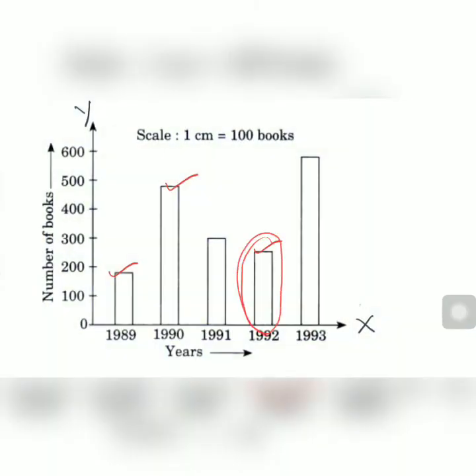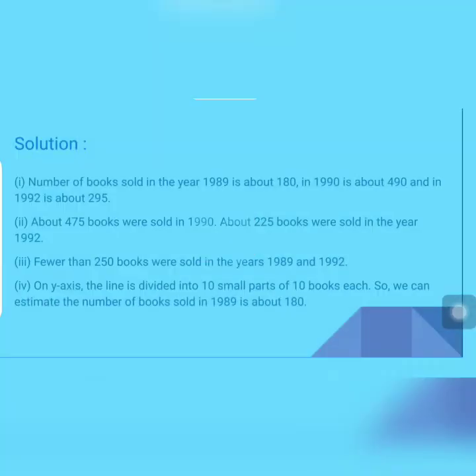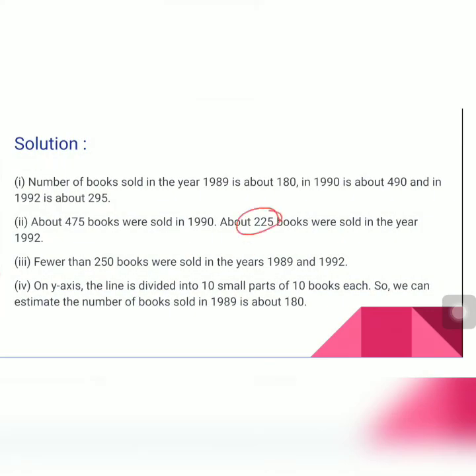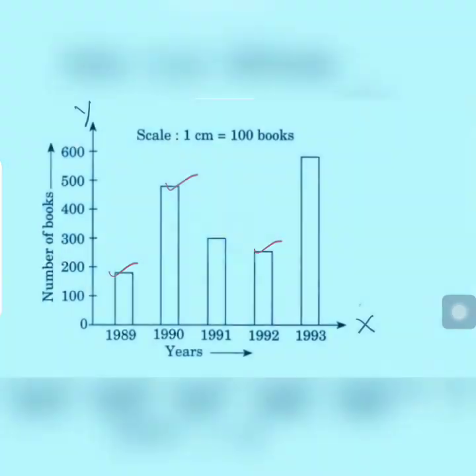So this bar is representing 1992. Certainly this value is more, and this value is lesser, and we are asked about 225 books. So more than 200, this particular bar can be preferred for giving us the value about 225. So 225 books were sold in 1992, and again I am stating this is just an approximate value, not the exact one.